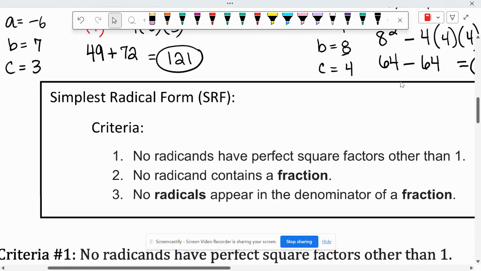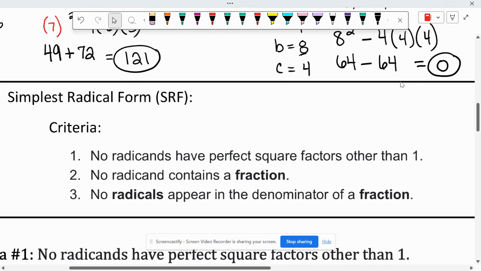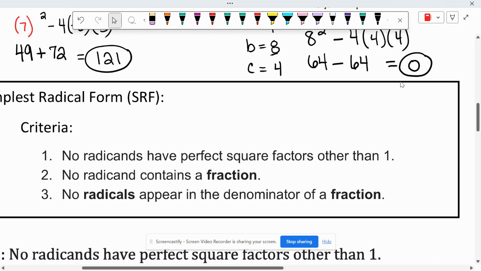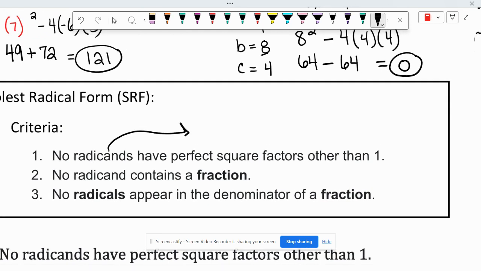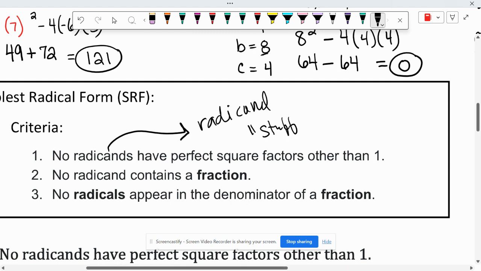All right. Now let's talk about simplest radical form. You cannot have anything under the radical that has a perfect square in it. When we see the word radicand, that's the stuff under the radical.